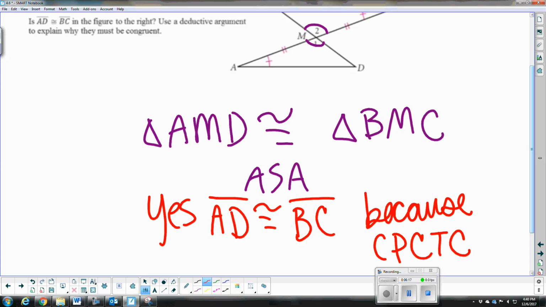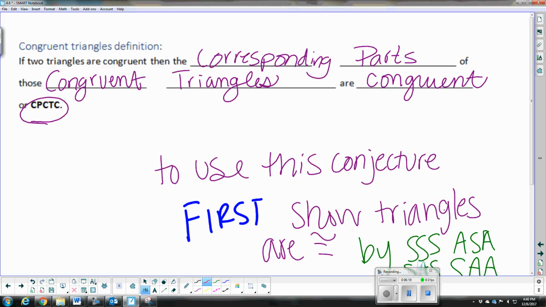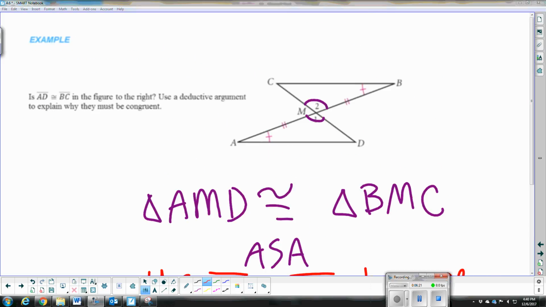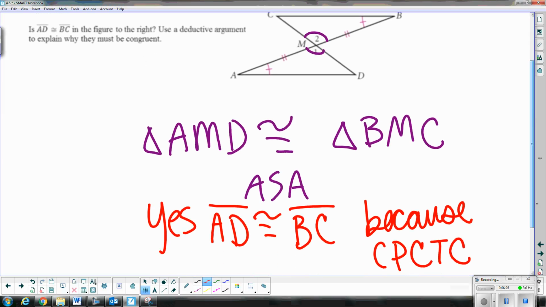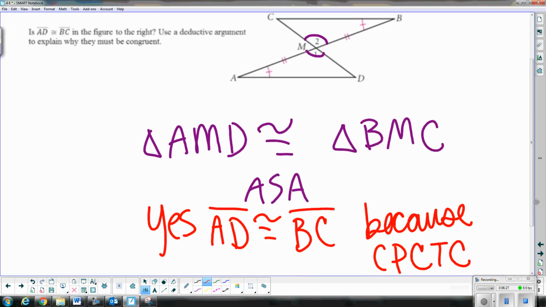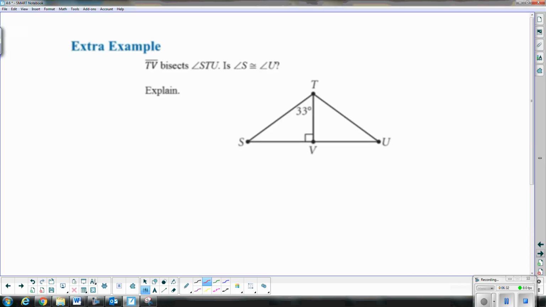So that's how you're going to use that conjecture: you use it after you prove that triangles are congruent. You have to prove that the triangles are congruent first before you can use CPCTC.